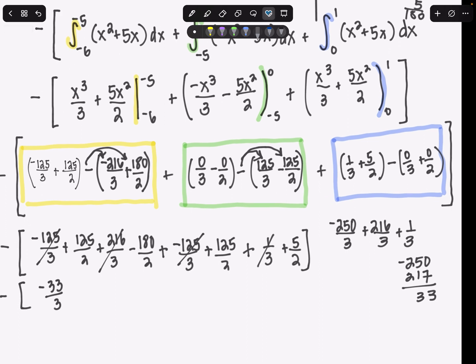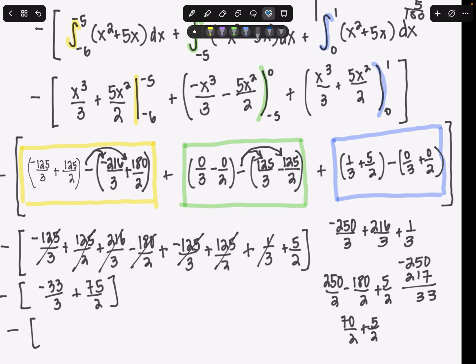And then we're going to have 125 over 2 plus 125 over 2, that's 250 over 2, minus 180 over 2 plus 5 over 2. So 250 minus 180, that's going to be 70 and then 75 over 2.